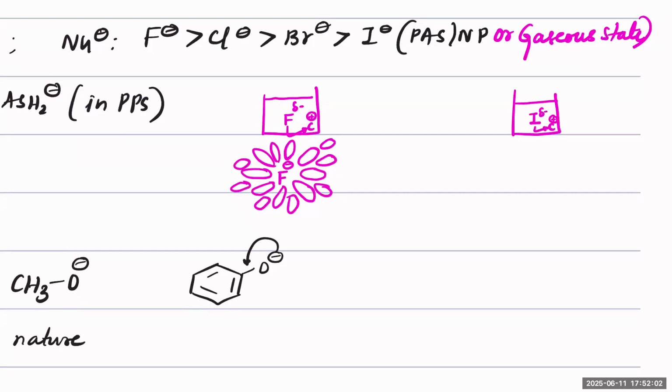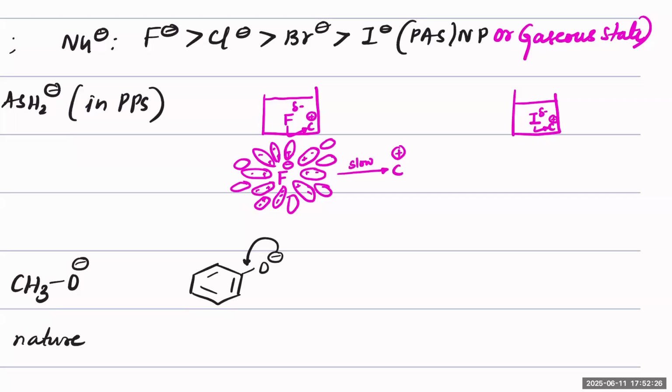All of these water molecules have a dipole moment, we will have positive and negative here. So negative, negative, negative, negative, negative. Right? This is how they get surrounded. So what happens? Carbon plus is waiting, but fluoride to reach here will take a lot more time. So this will become slow.